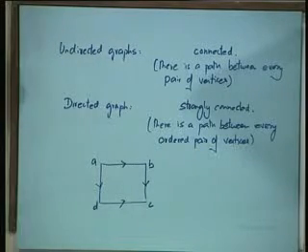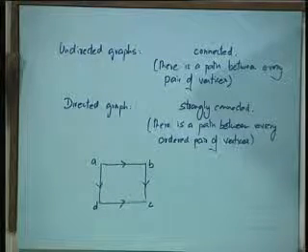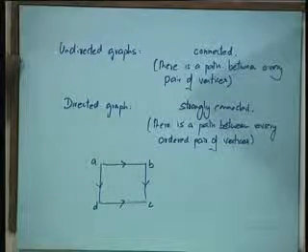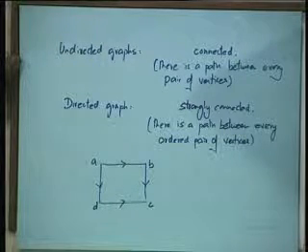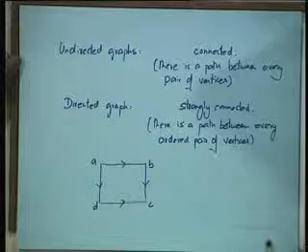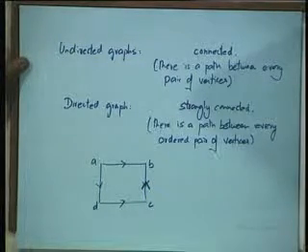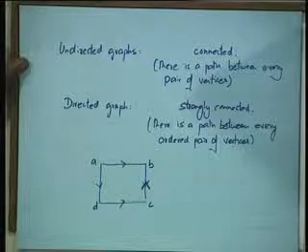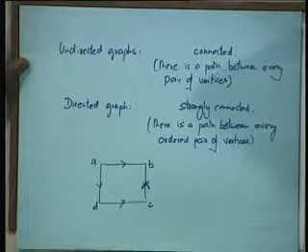There is a path between A and B, but there is no path from B to A. There is a path from B to C, but there is no path from C to B. There is a path from D to C, but there is no path from C to D. I made this graph rather badly. Okay, if we do this also, it is still not strongly connected. There is a path from A to B, but from B to A there is no path. Still.